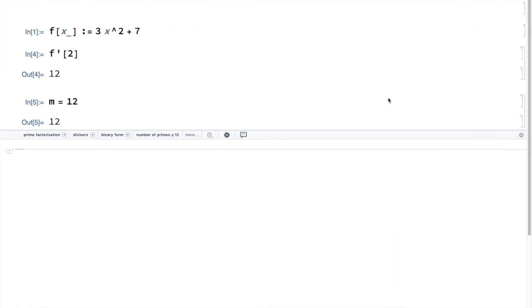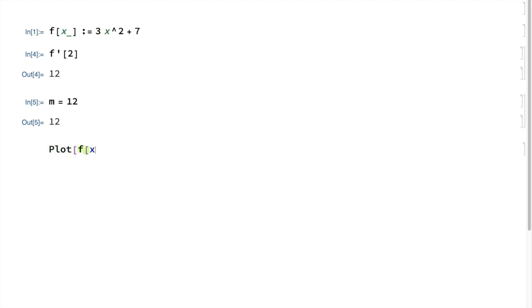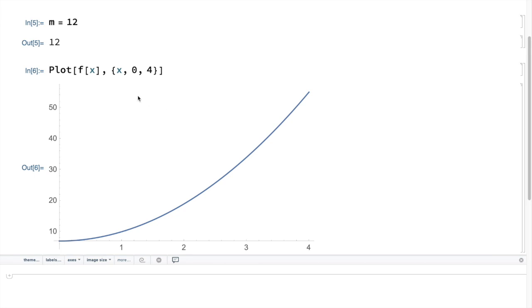Well, let's see here. What would be nice is if I actually plotted f of x from 0 to 4, I guess. Looks pretty good. So here it is. And what I need to do is also get my derivative evaluated at x is equal to 2. So I need the tangent line right about here.